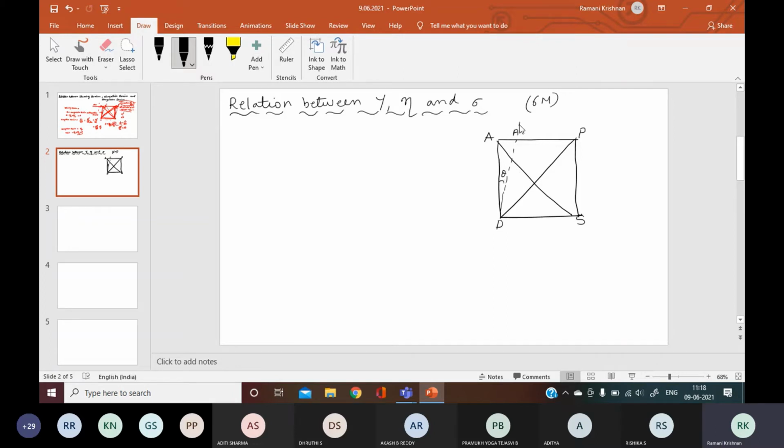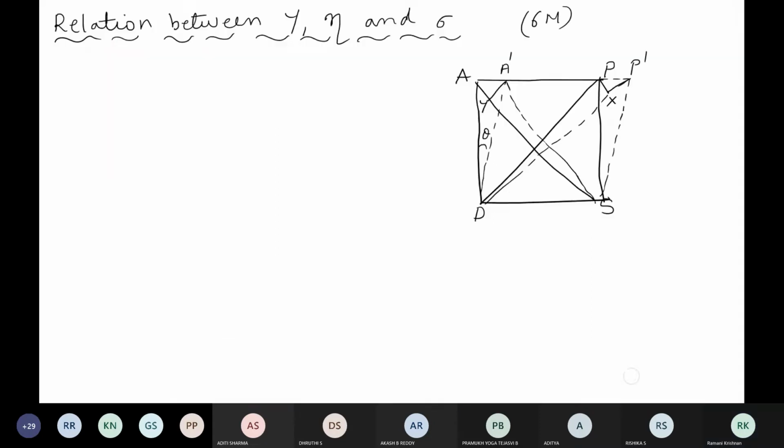I repeated yesterday's topic so that we can be a little fast in this. Because of this, this became P dash. This is the elongated diagonal, this is the compressed diagonal, and this is the extension produced, X, and this is the compression produced, Y. Up to this we have seen yesterday.